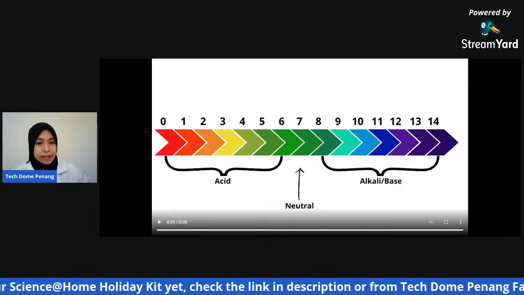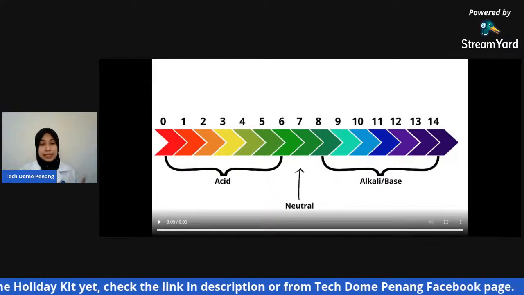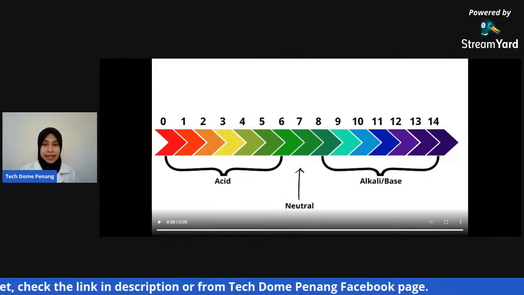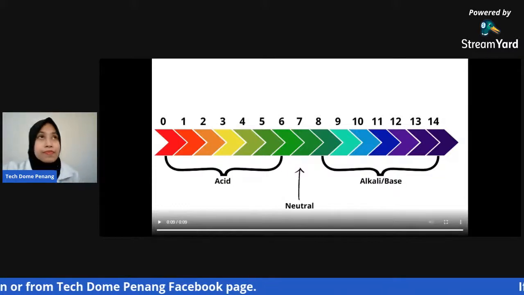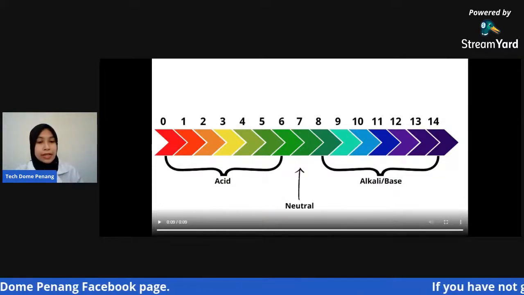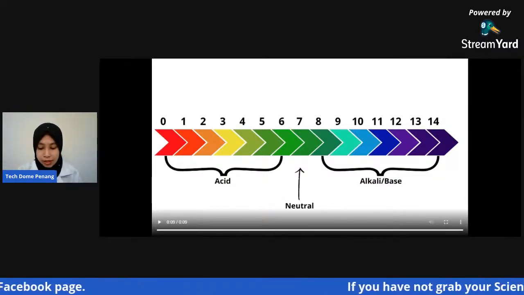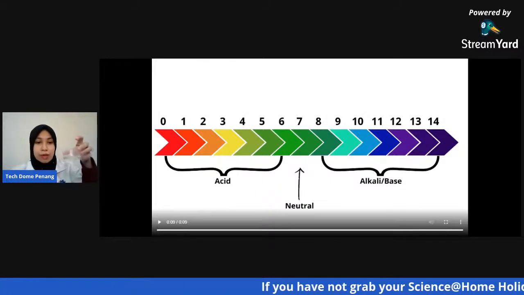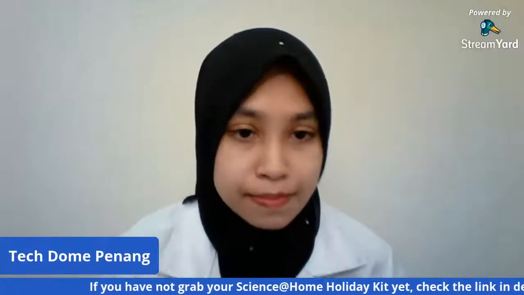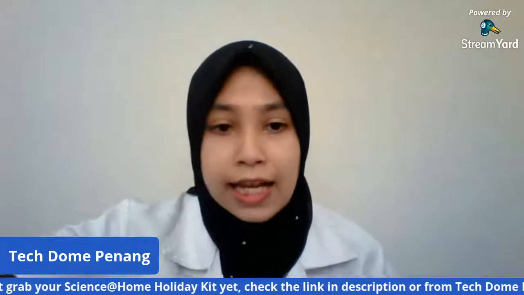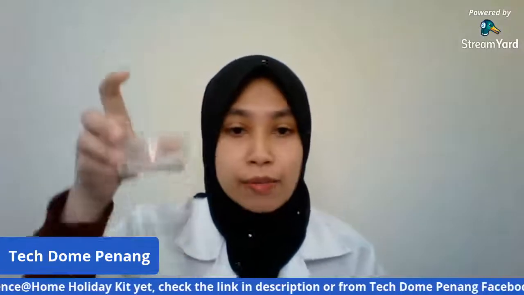When we mix acid and base, we can actually get a neutral solution. Now this is some warm water, just to show you this test. Inside is warm water mixed with sodium carbonate.